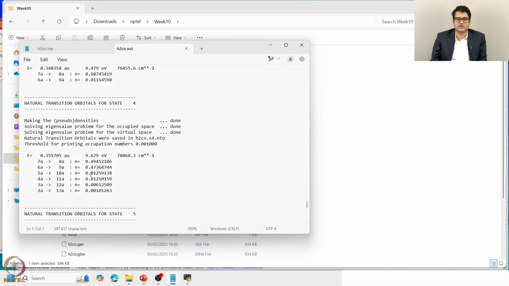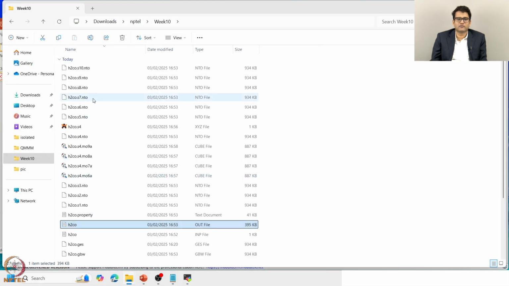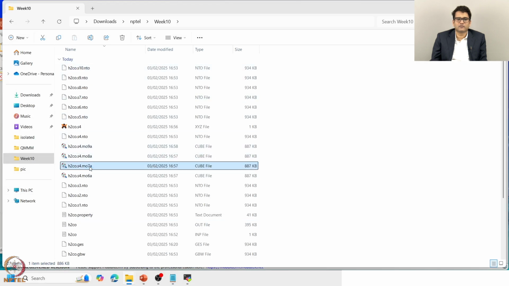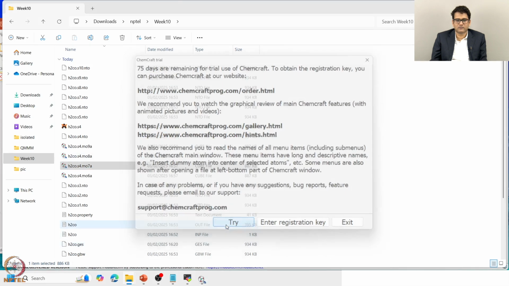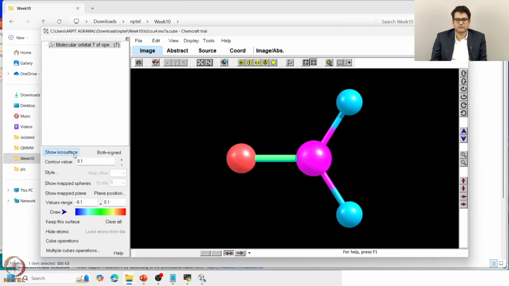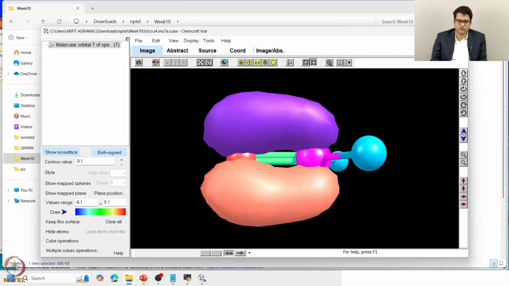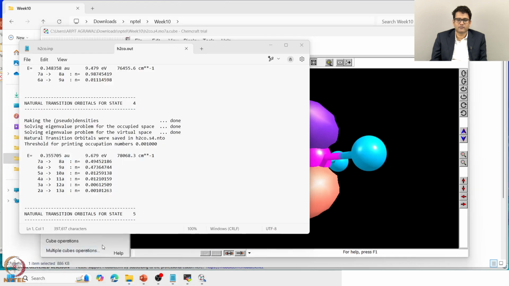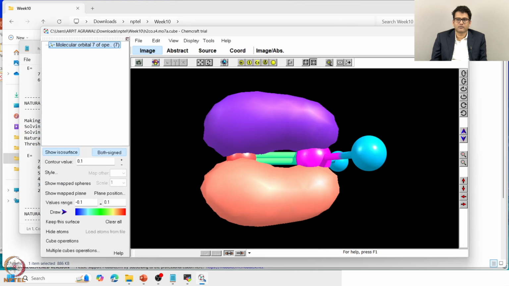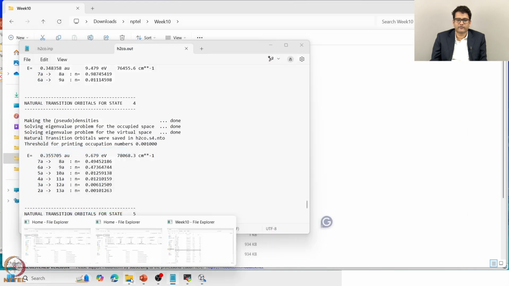Now, let us see the transitions again. The first one is 7 to 8. So, this is of course a pi orbital. Let us see the 8.